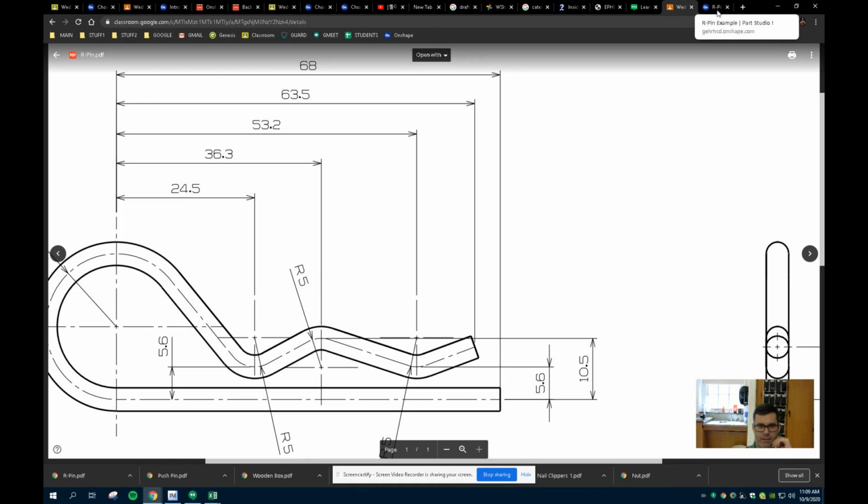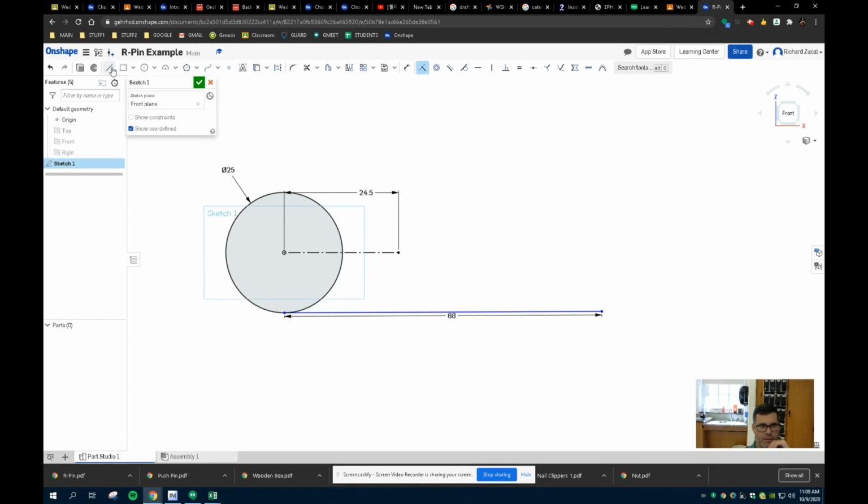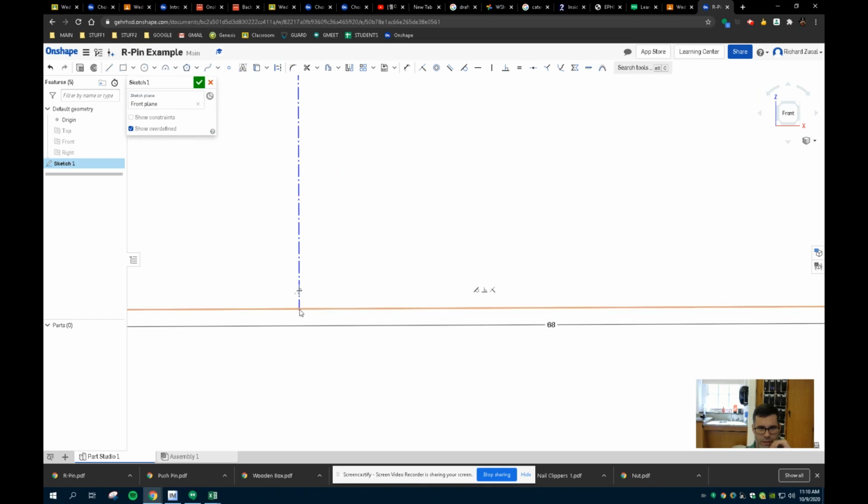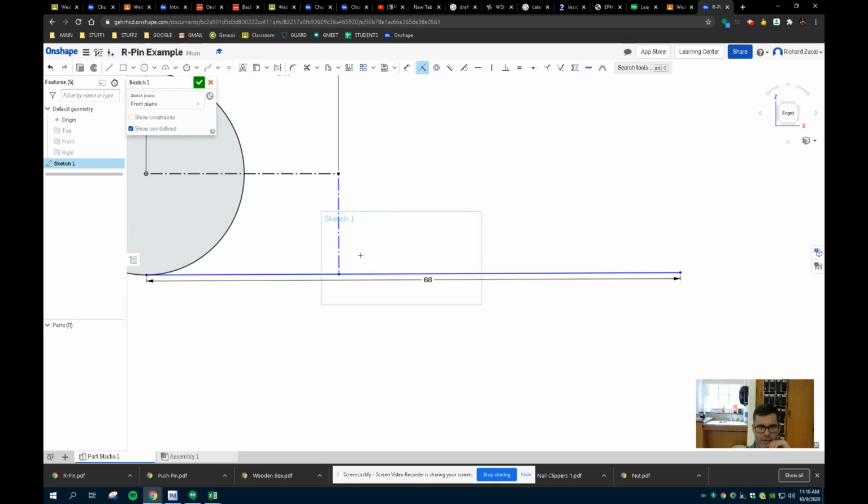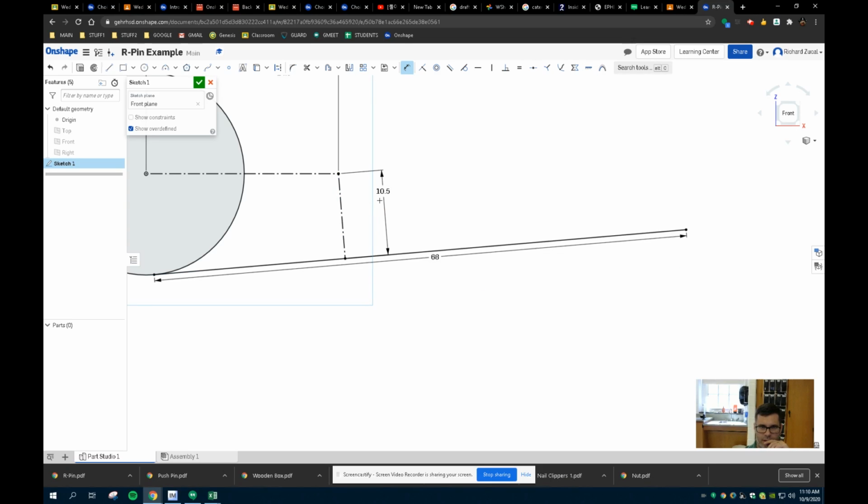Okay, that sounds fun. So then another construction line from here down to there. Let's make sure that they're coincident. Are you coincident? You better be coincident because I need you to be coincident. I'll measure it later. All right, so they look coincident now. And that should be 10.5.